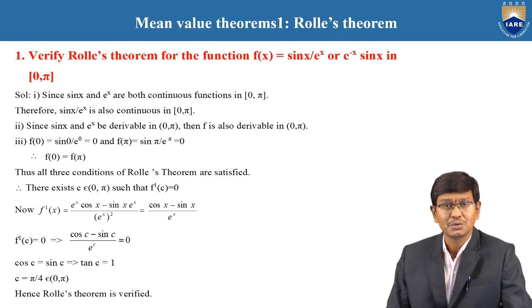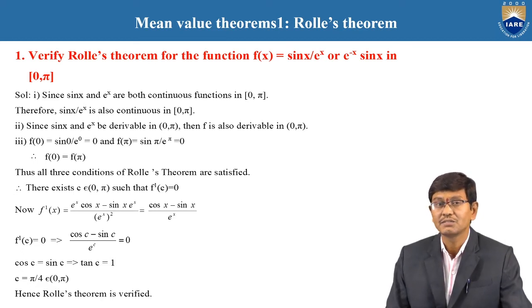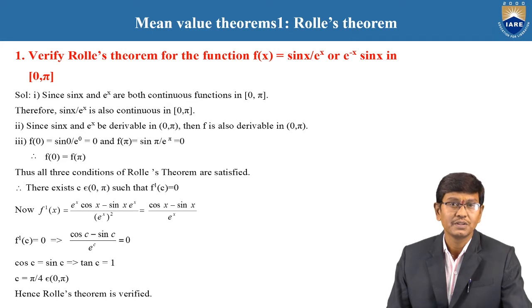So f(0) = 0. Coming to f(b), here b is pi, and sin pi is also 0, so 0 into e^pi is automatically 0. Therefore, the conclusion is f(a) = 0 as well as f(b) = 0. Together, f(a) = f(b).